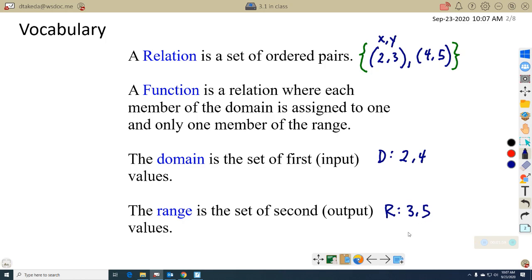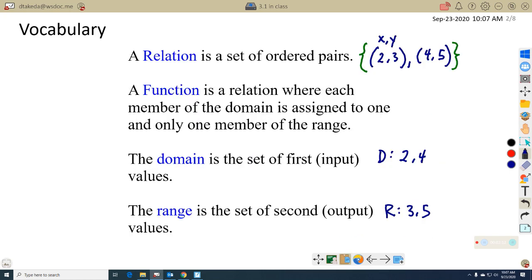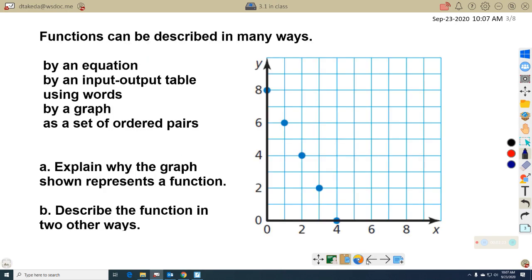Okay, so get those into your notes and pause it if you need to, and then move on to what we call functions. Let's look at the definition one more time. A relation, a set of ordered pairs, where each member of the domain, that's the first value, is assigned to one and only one member of the range.